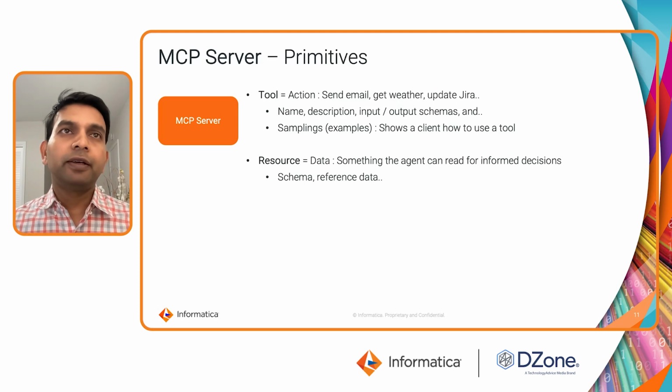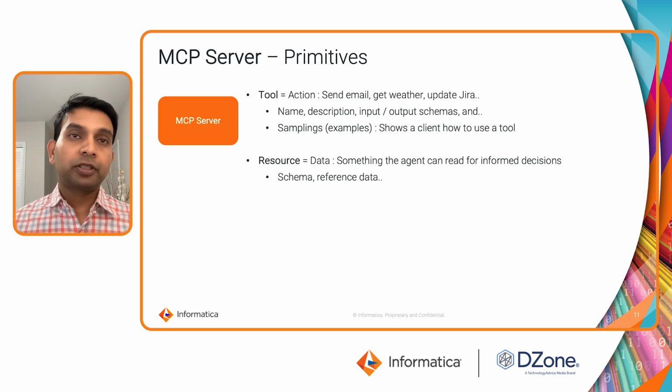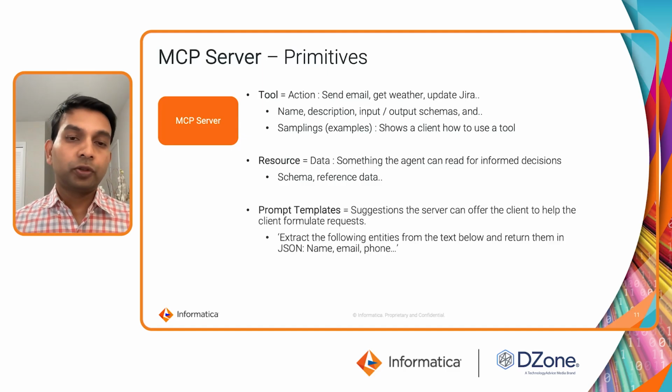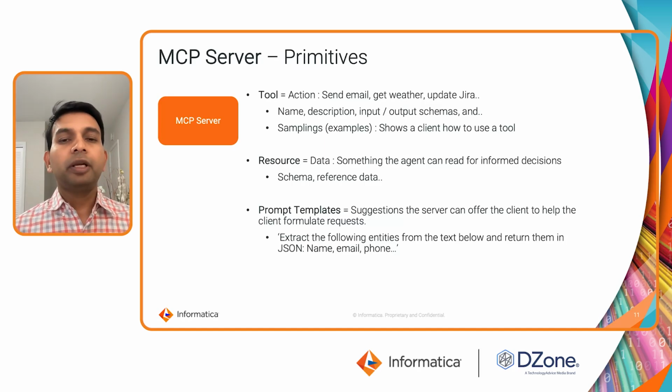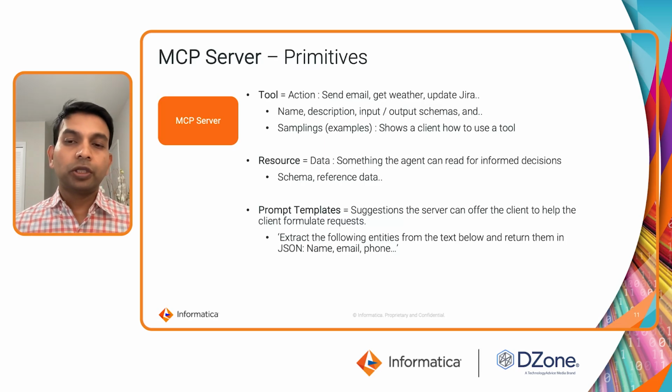The third primitive is prompts or prompt templates, and these are designed to be user controlled. So the programmer of this MCP server can expose specific prompts on how to use this particular tool, and that can be injected into the application using LLMs and exposed to the user of the given application or the AI agent themselves.